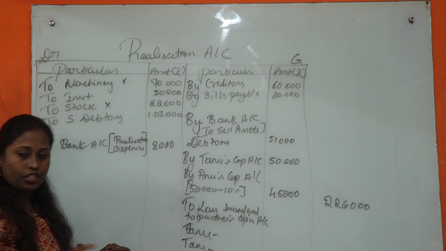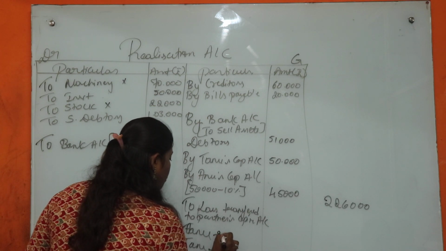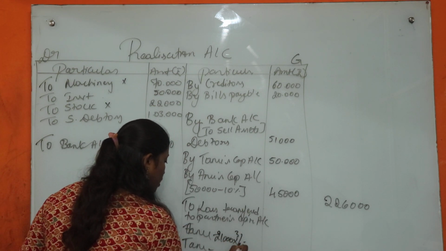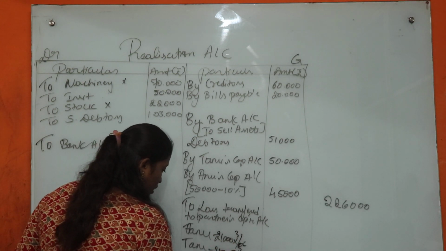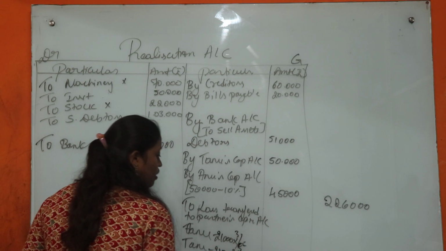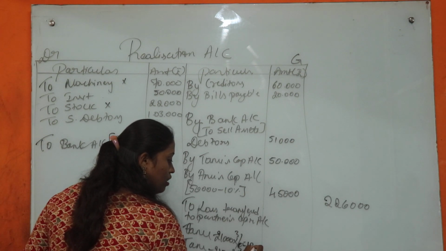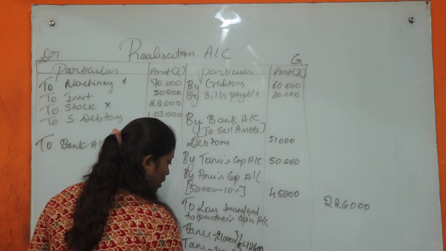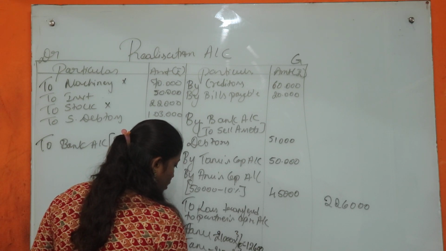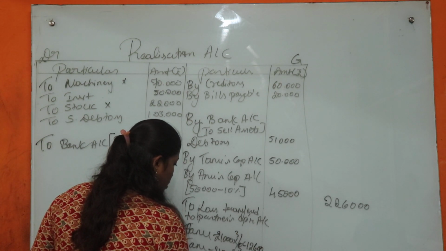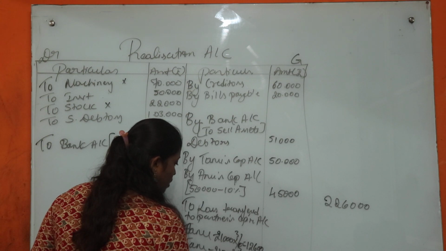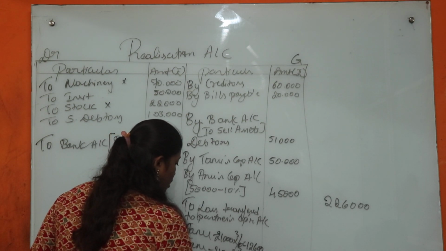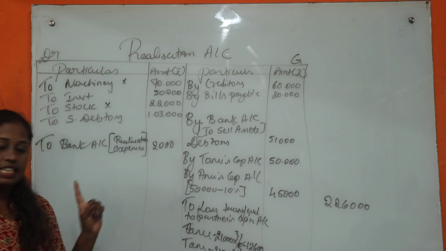Profit sharing ratio is 3:2. Out of 21,000, Anu is getting 3 parts and Thanu is getting 2 parts. 12,600. How much is Thanu getting then? The remaining amount, 8,400. Is this clear?